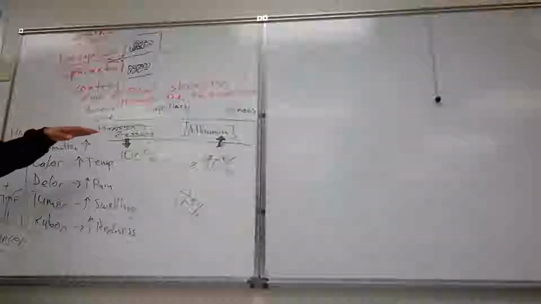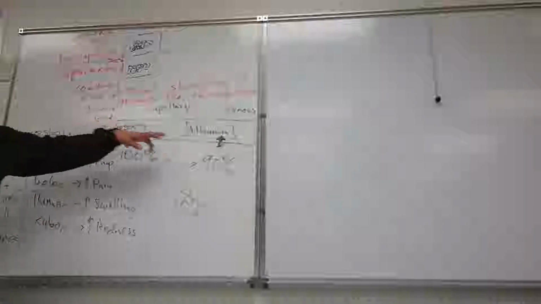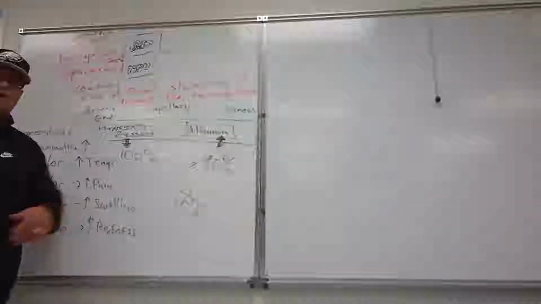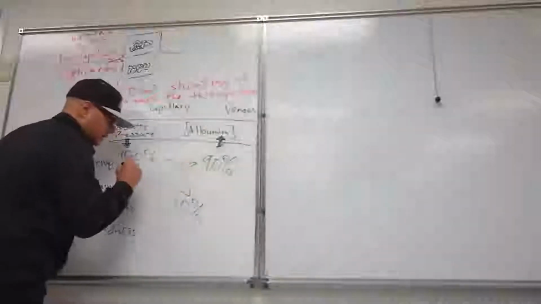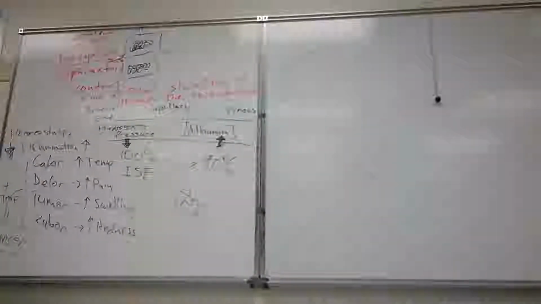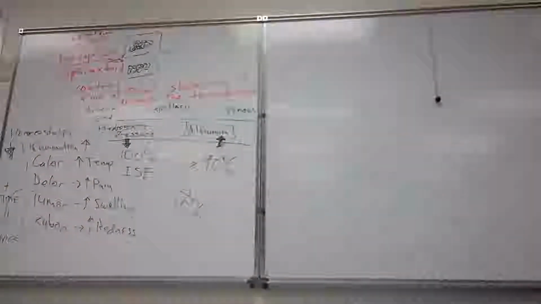Now I answered this question for you. Why is albumin so important? Because albumin reabsorbs 90% of what we call the interstitial fluid, the fluid that bathes all cells. Well, somebody's got to ask me the question: where's the other 10% going? Is it going to stay there? Can 10% of that fluid stay?